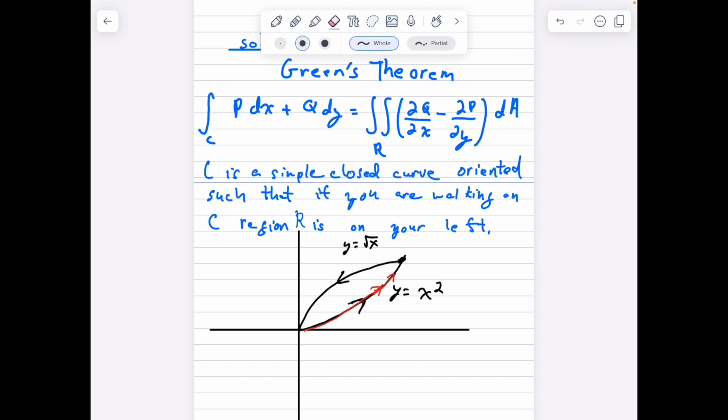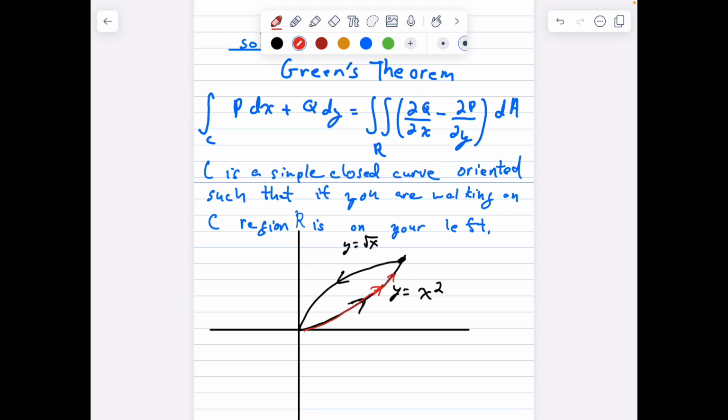Now, not a big deal if you were to go in the other direction, meaning if you were walking, the region would be on your right instead. So it's like you're going clockwise, even that way. That's not a big deal. You would just basically negate that result.